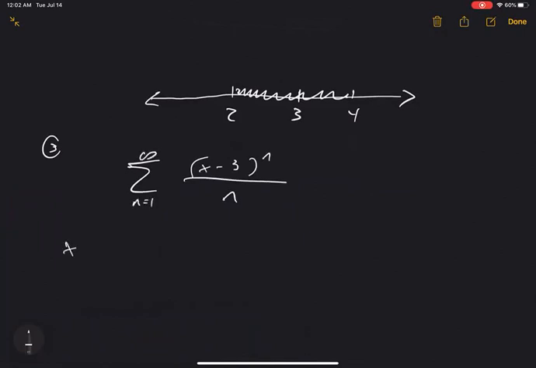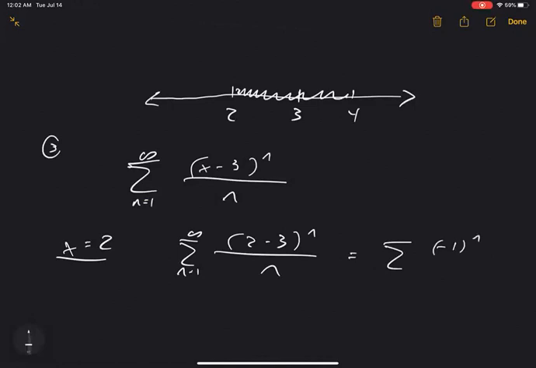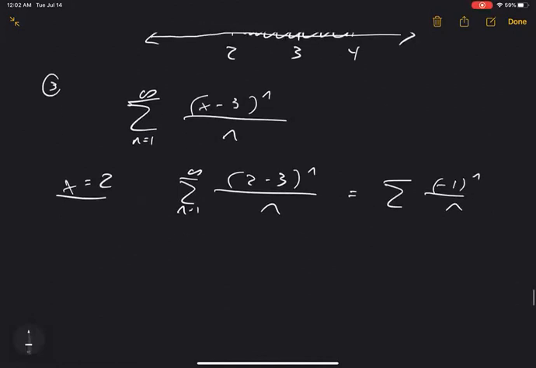Let's take 2 and plug it into our series. When I plug in 2, what do I get? I get (2 minus 3) to the power n over n. What is that? Well, that's (-1) to the power n over n.